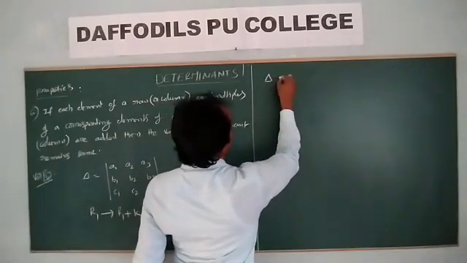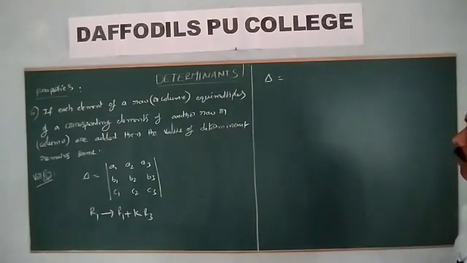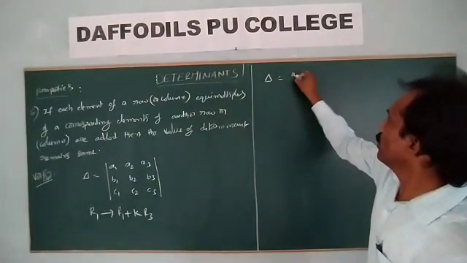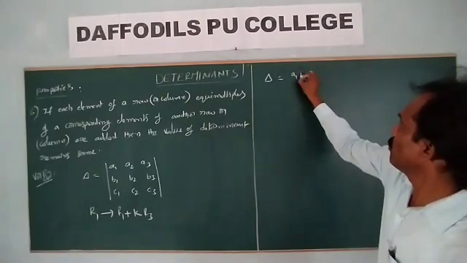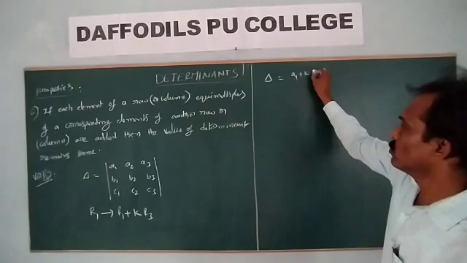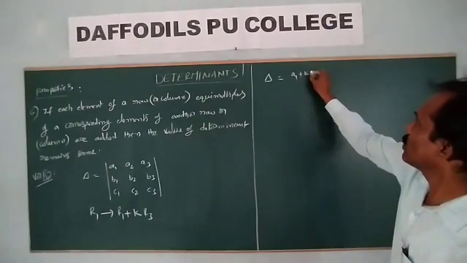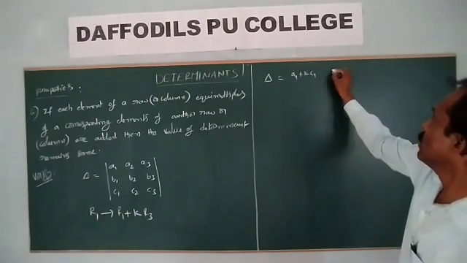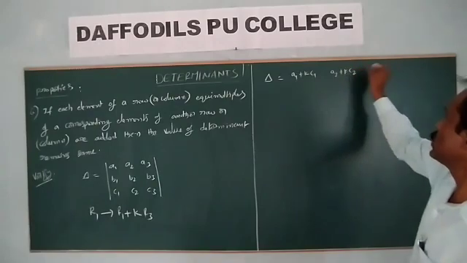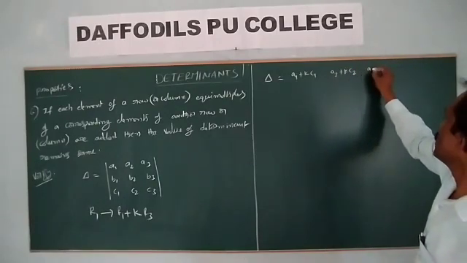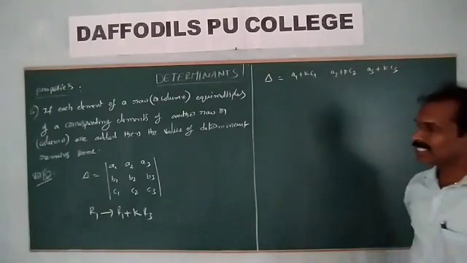So that implies R1 plus K into R3: A1 plus K into C1, next A2 plus K into C2, next A3 plus K into C3.